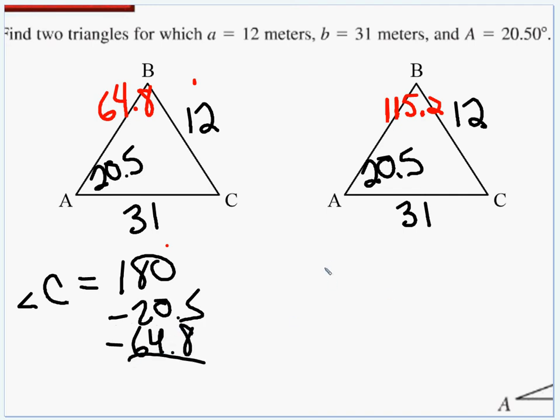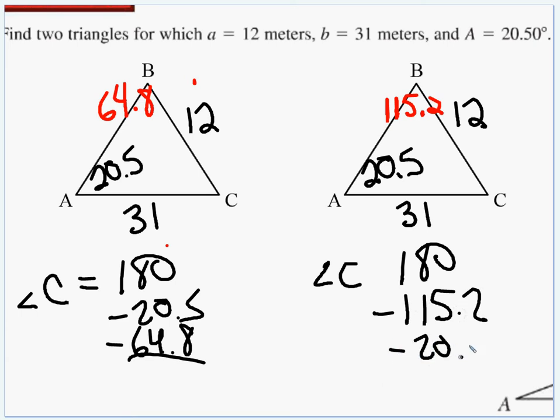And in the other triangle, angle C is going to be 180 minus 115.2 minus 20.5. So in the first triangle, our angle C is 94.7 degrees. And in our second triangle, angle C would now be 44.3.